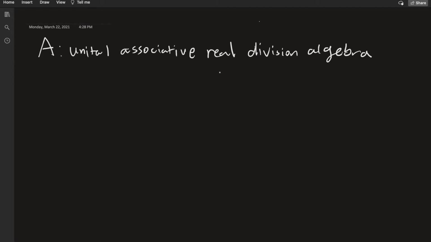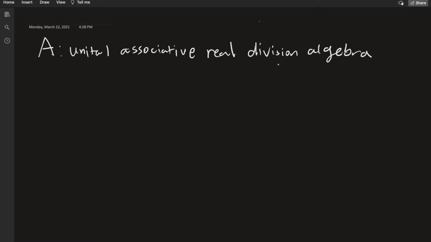And what real means is that the vector space of this algebra is over the field of the real numbers, which just means that you can only multiply vectors in the vector space by real numbers, like scale them by real numbers, I mean.